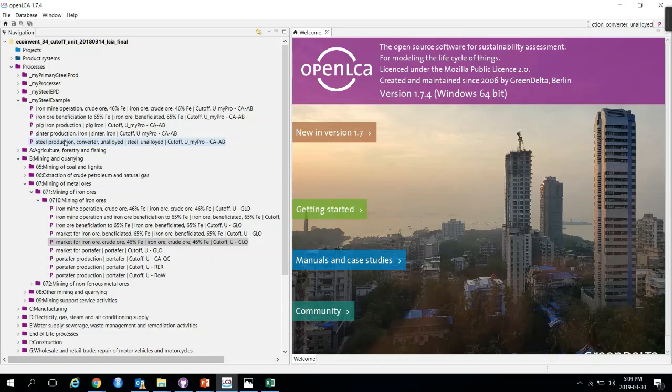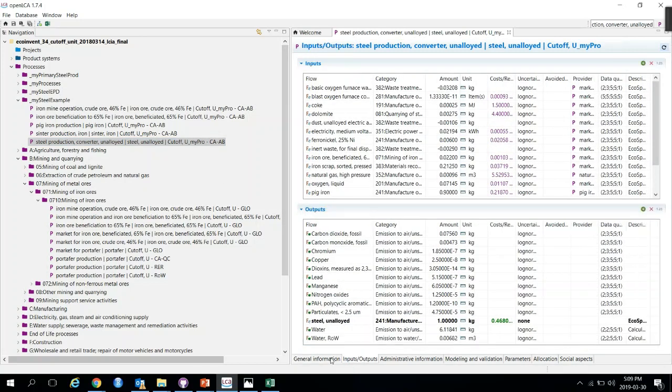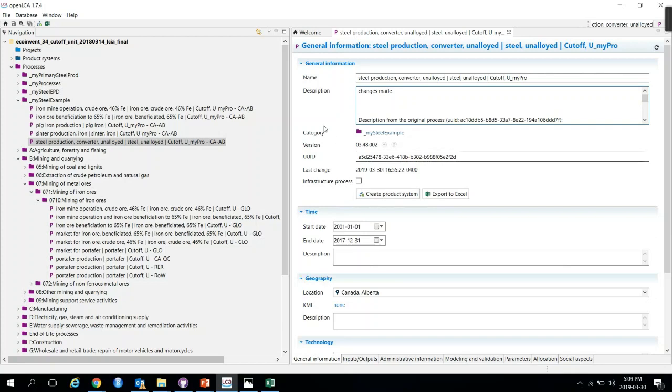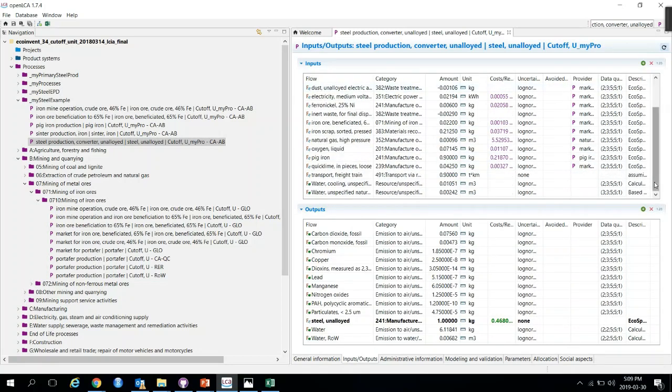So let's open the process that we want to understand the life cycle impacts of, and that's the one most downstream, right? That was the goal of the study, to understand the impacts of unalloyed steel at production plant. As I was saying with the assumptions, you can document all your changes in a process here, or as I showed earlier, you can change the description here.